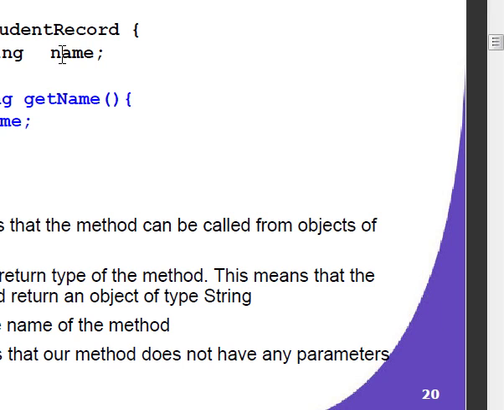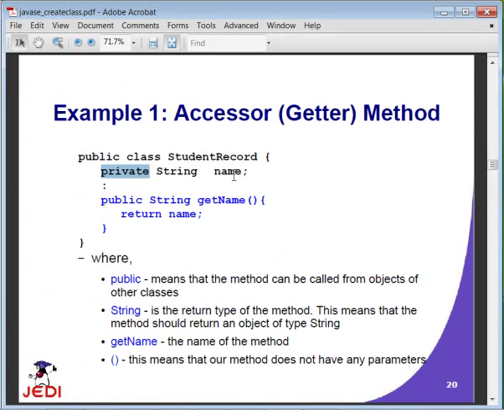Suppose I have a name variable, as we talked about before. You want to make this one private so that the user of this class cannot directly access it. Instead, you are going to provide access to this name variable by providing a method called getName.